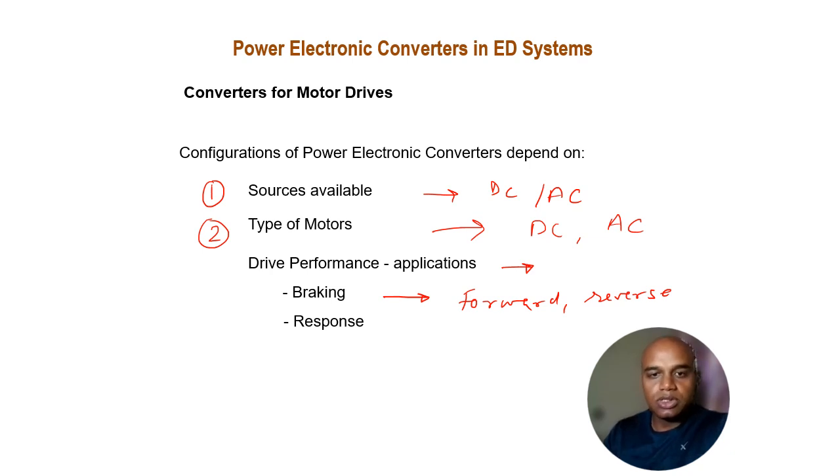The response time also matters, whether it is a fast responsive system or a moderately responsive system. And the drive rating. The rating in terms of kilowatts also decides which kind of converter can be handy to deploy.